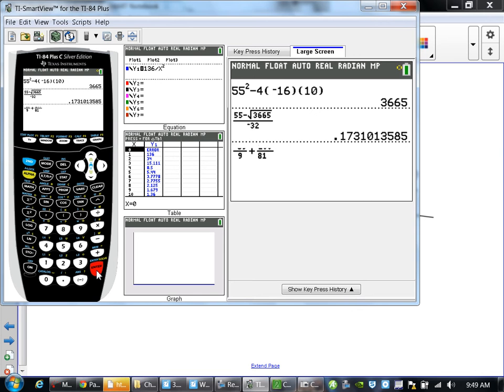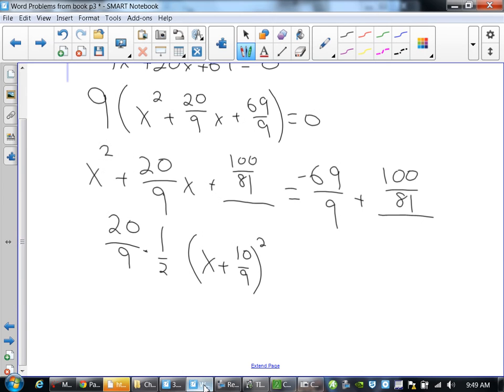I get negative 521 over 81. It doesn't really matter if you simplify the fraction because the calculator will do it for you in the end. Is this our answer? No, we're not done yet. So we have equals negative 521 over 81.